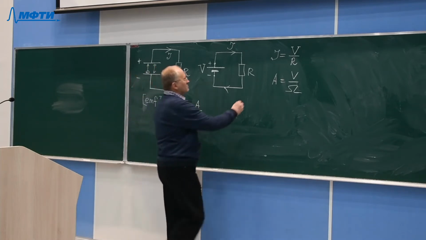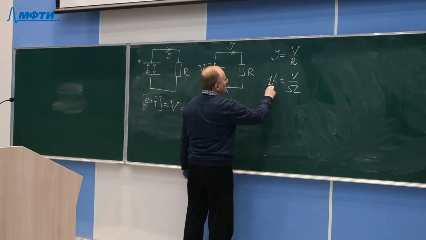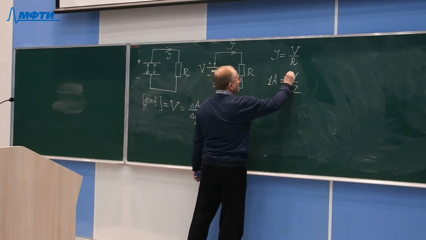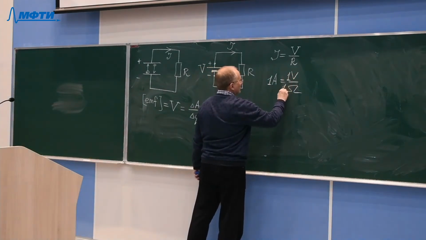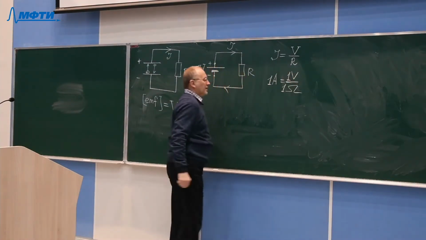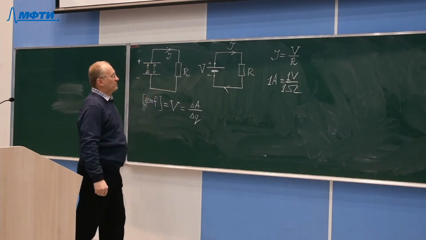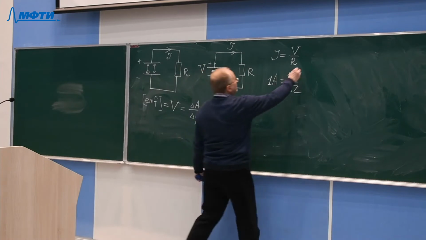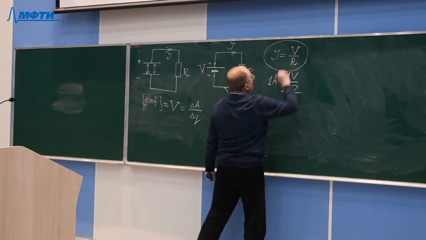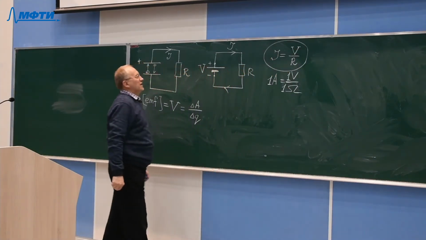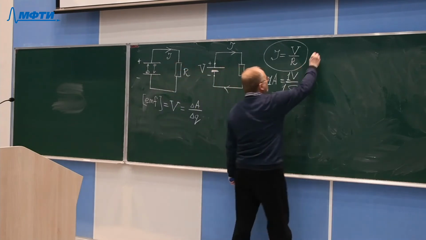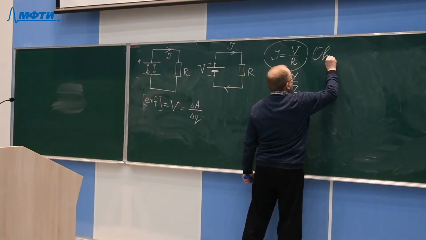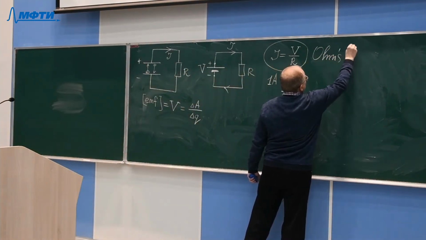So an electric current of 1 ampere equals 1 volt divided by 1 ohm, the resistance of 1 ohm. This relationship was established experimentally, and it's called Ohm's law.